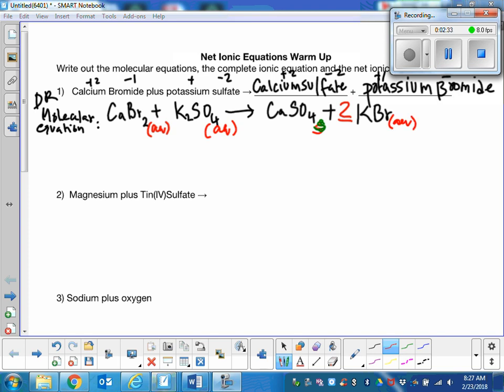Now, if you do not have a comfort level with using a solubility chart, this whole 10-point question you will miss on the test. Does that make sense? If you are uncomfortable reading a solubility chart, you need to come into my class and get additional help. Is that understood? Were you able to find these state symbols on your own?